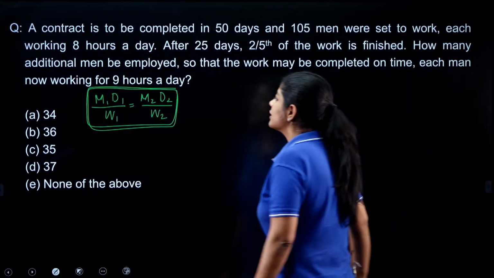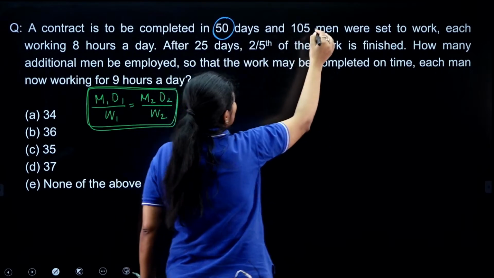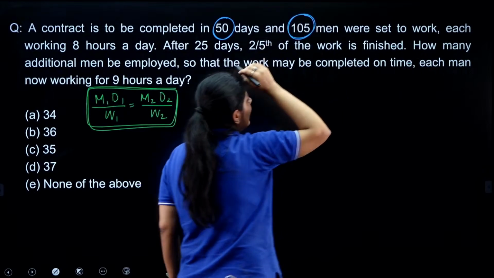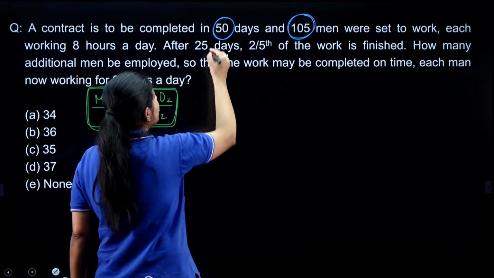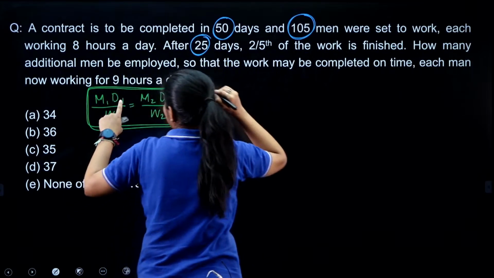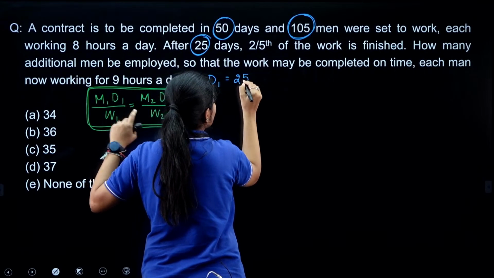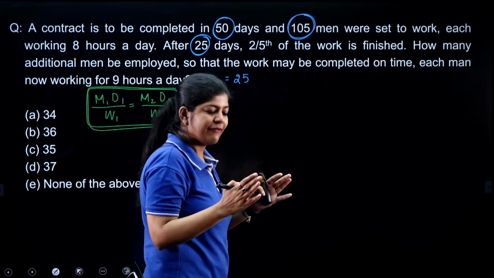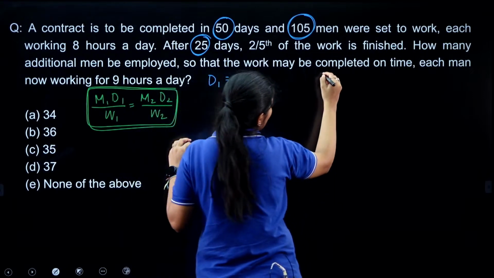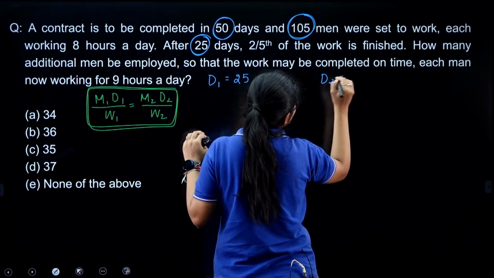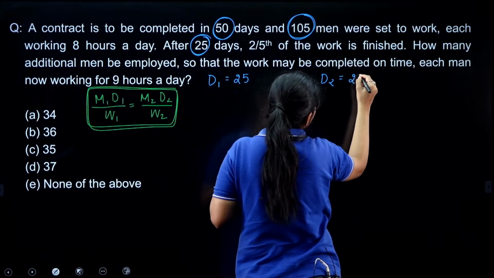So here the question is saying that initially we are having 50 days and 105 men are working. This is the contract, right? But after 25 days, the value that I am having for D1 is 25, because I am having data only for the first 25 days. Now the value of D2 will become the remaining days, that is 50 minus 25, which is 25.